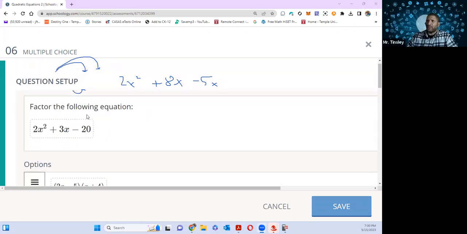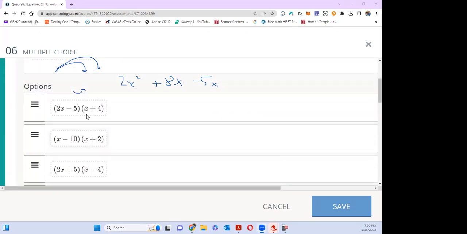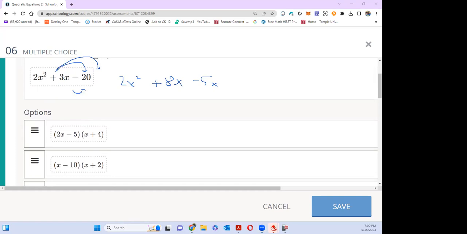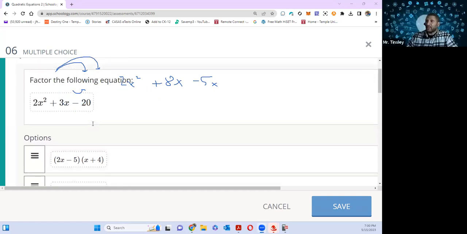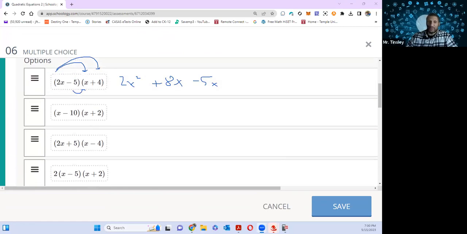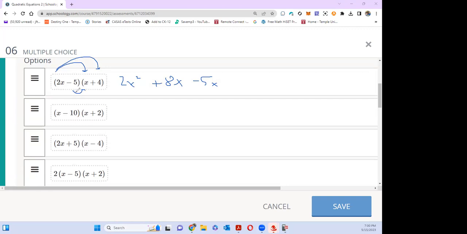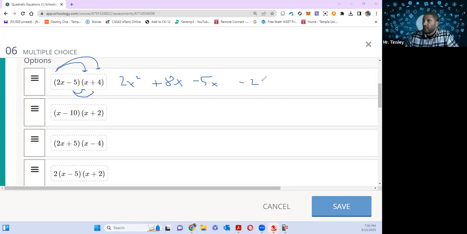My middle term is 3x, so I'm good. Then minus 5 times 4 is minus 20. 2x squared plus 3x minus 20.